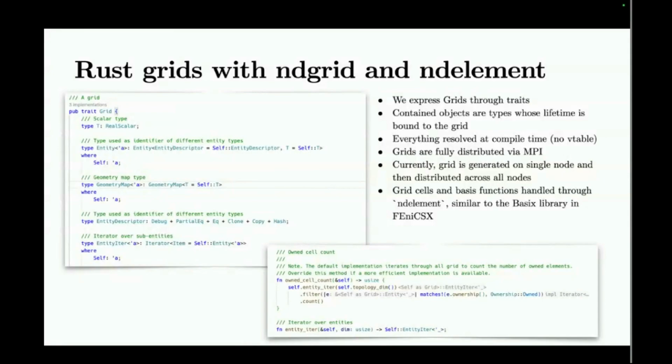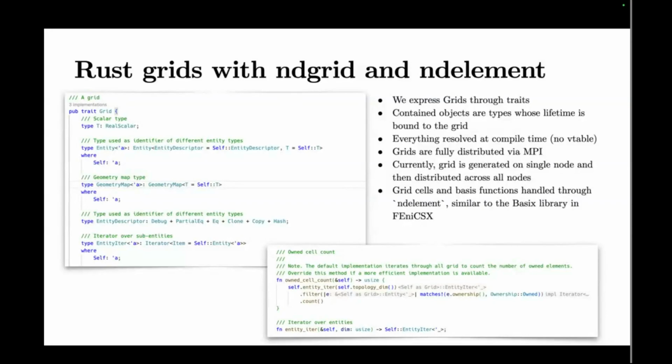If you implement the trait for a specific type, you can either overrule this with your own implementation or use the default implementation. Or another function, entity iter, which just means it needs to be implemented. Okay, and at the end, it's all static polymorphism, and it all gets resolved at compile time.